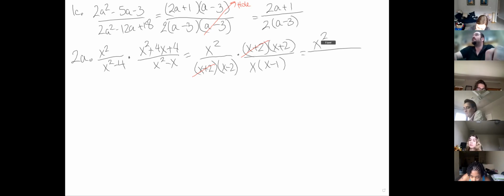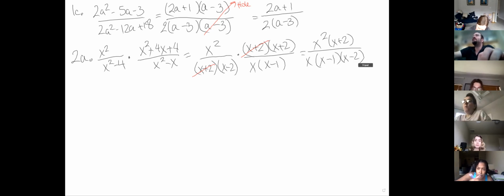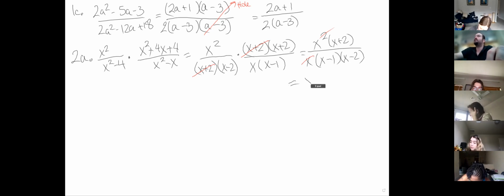So you just put it together, basically. Multiplication is easy. You don't have to get a common denominator or anything for multiplication. Oh, hey, we can also get rid of an x, though, can't we? Yes. I think we can get rid of 1. So we can get rid of this one, and then that would not make that squared anymore. So that'd be x times x plus 2 on top, and then x minus 1 and x minus 2 on bottom.